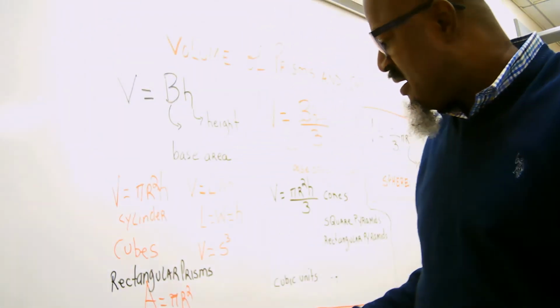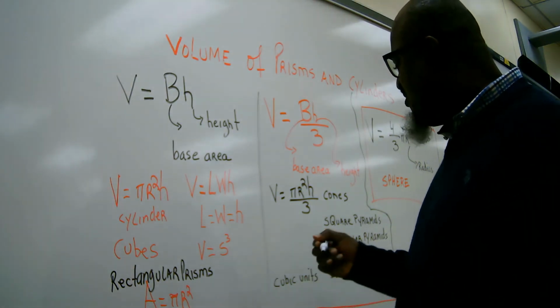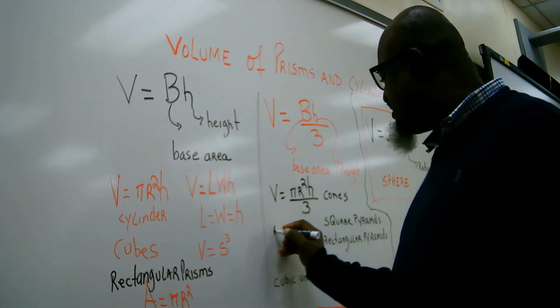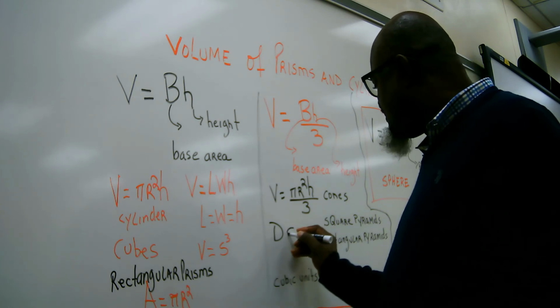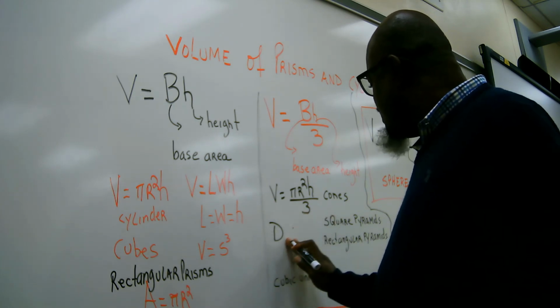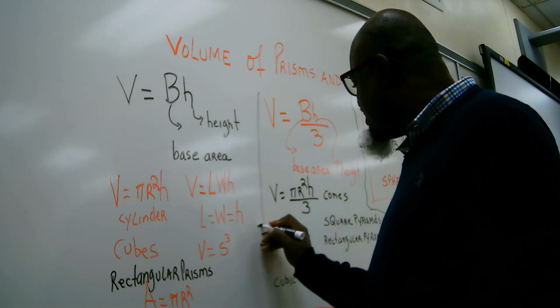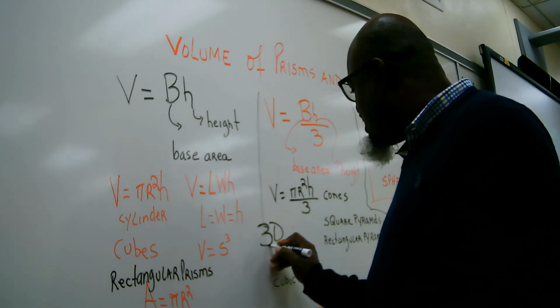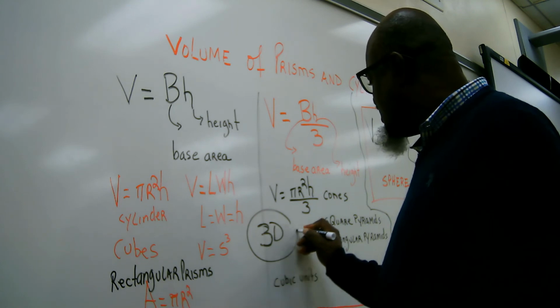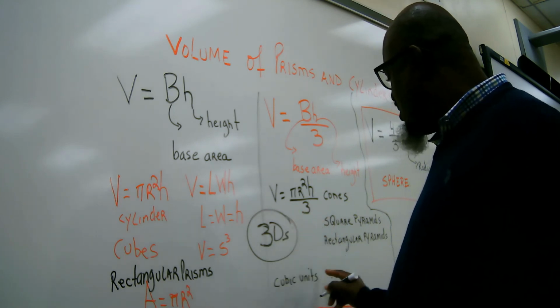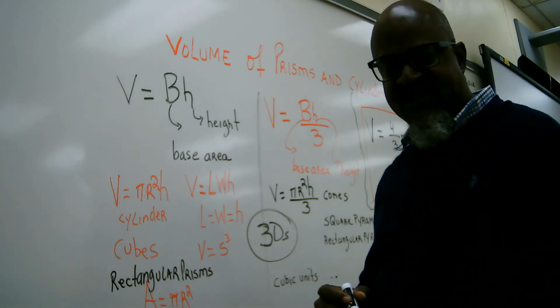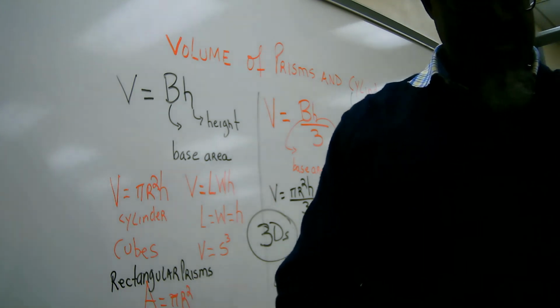And remember that when you're looking for volume, volume is 3D, 3 dimensional. Therefore, your unit must be cubic. Whatever unit you find, it must be cubic. Volume is expressed in cubic units. Be aware of that.